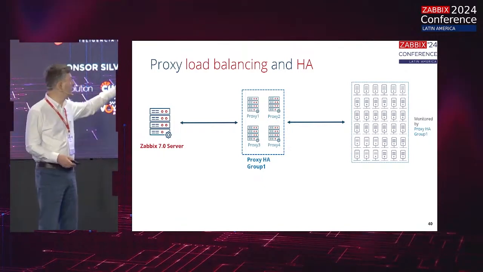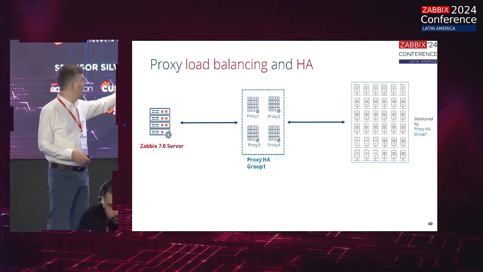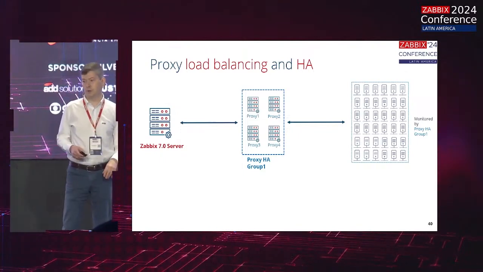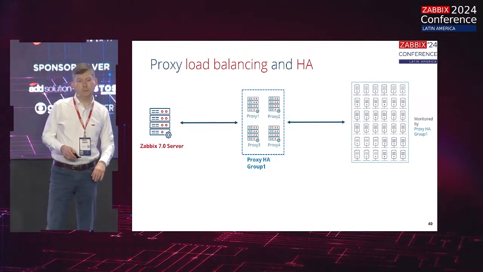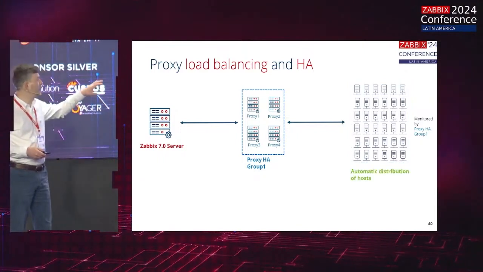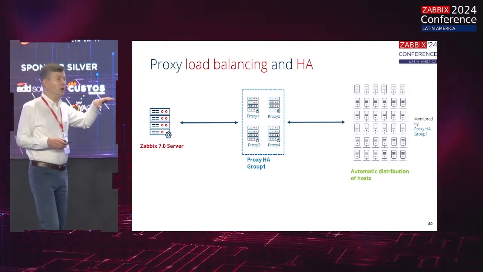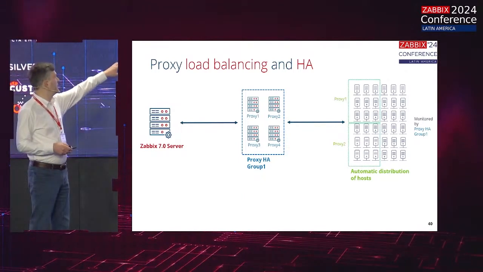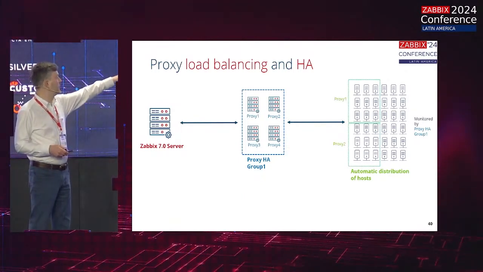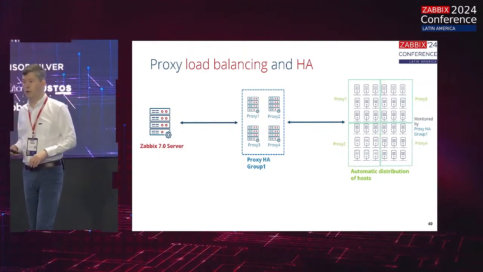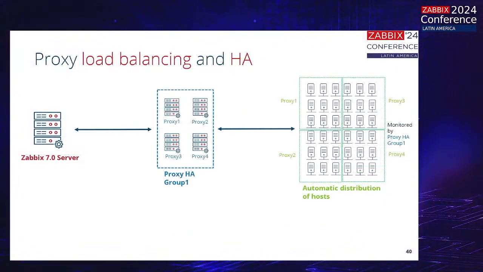So you have a group of proxies, like 4 proxies, and you tell the group of proxies, I want to monitor this group of hosts. And that's it. Then Zabbix automatically distributes all those hosts between proxies. Maybe these hosts will be monitored by proxy 1, those hosts by proxy 2, proxy 3, proxy 4. So the load balancing is happening on a host level.